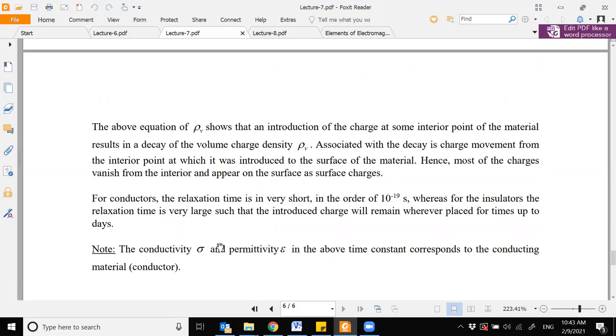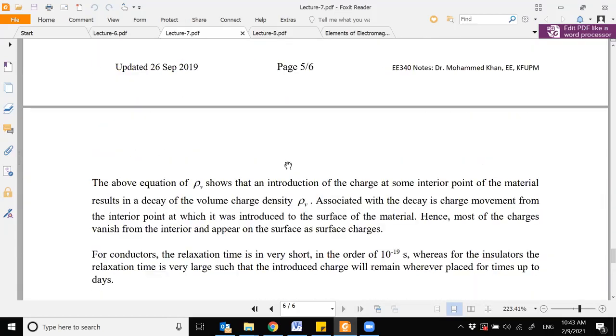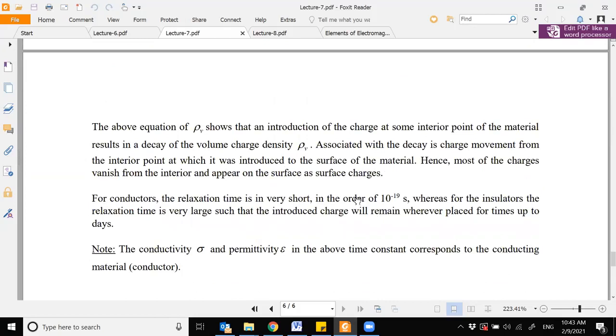That gives you this TR, the relaxation time. For conductors, this relaxation time is very, very small, 10 to the power of minus 19. So the instant the charge enters the wire, within an instant it will be available at the surface.